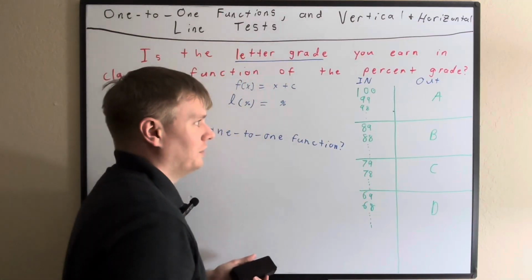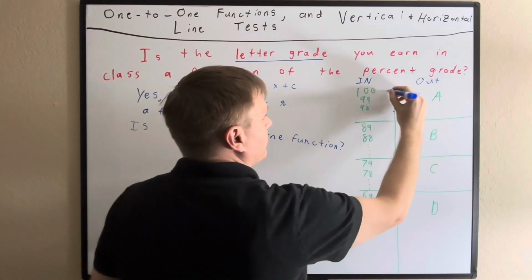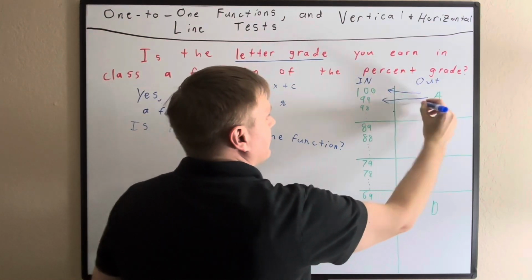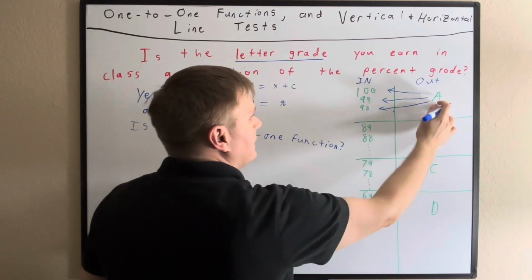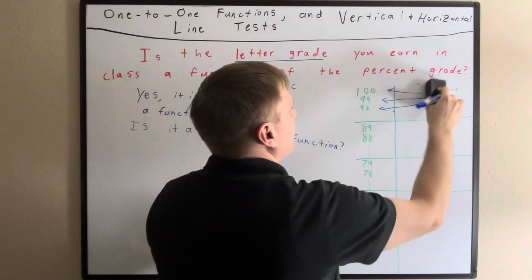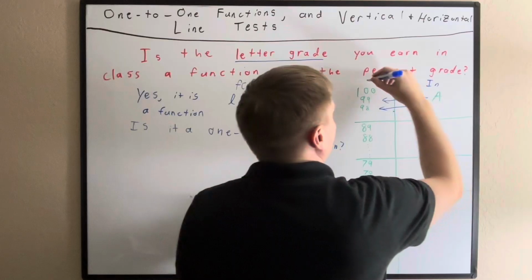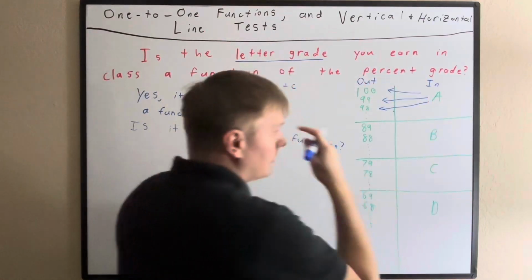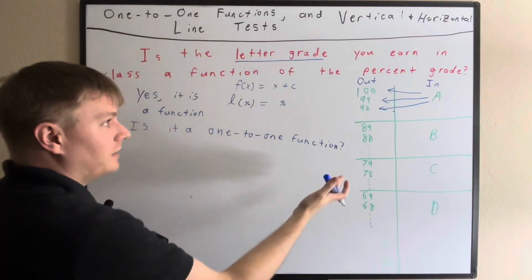So what is this one-to-one? It is not one-to-one, because it's kind of asking, like, if we go the other way and say this is the input, then it's not a function, right? Is the percent grade a function of the letter grade?